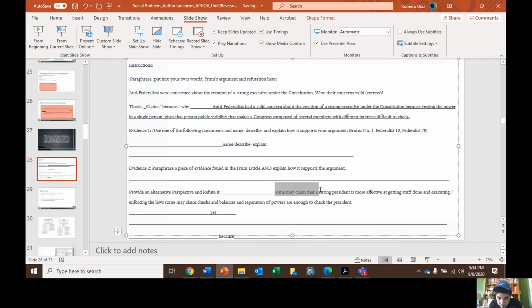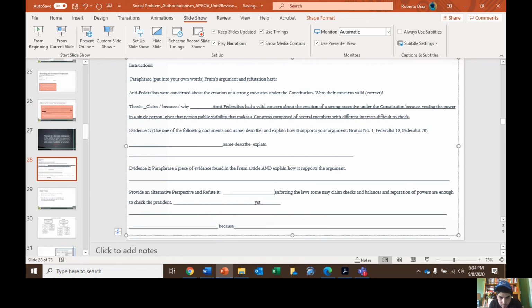So I'm going to go with this one. Some may claim checks and balances and separations of powers are enough to check the president.